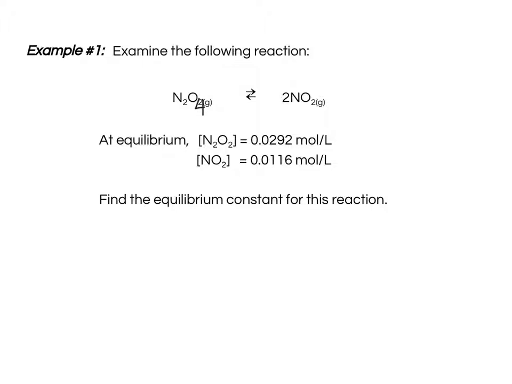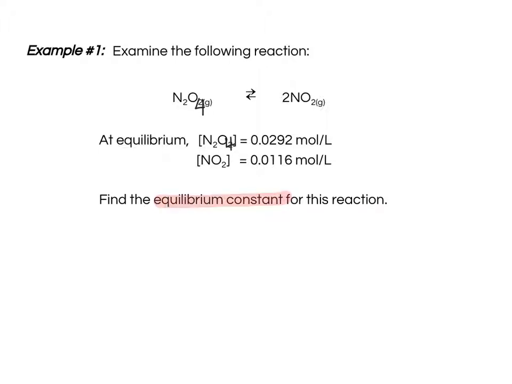And so in this question, they're saying at equilibrium, the concentration of N2O4, let's fix this over here as well, N2O4, is 0.0292 moles per liter, and we also have the concentration of NO2 as well at 0.0116.